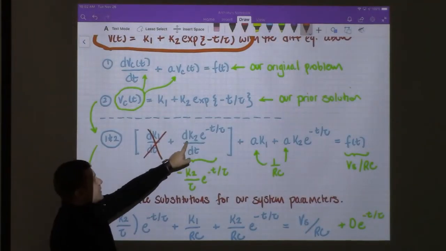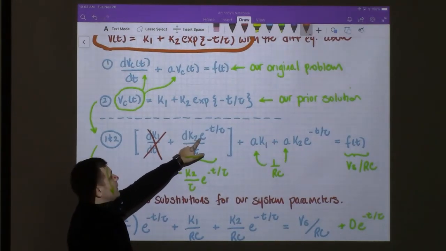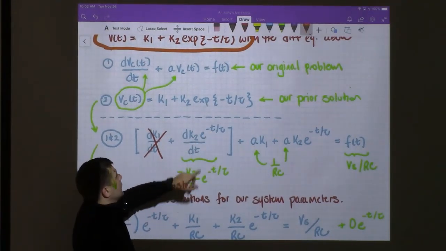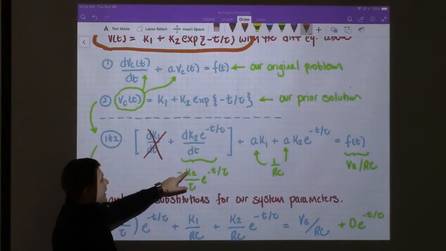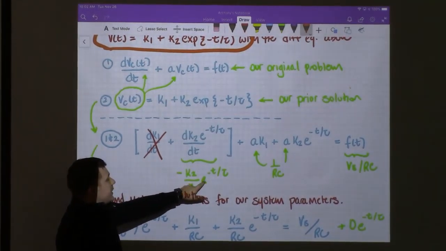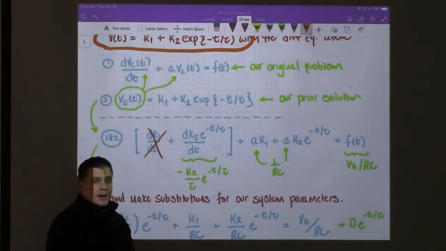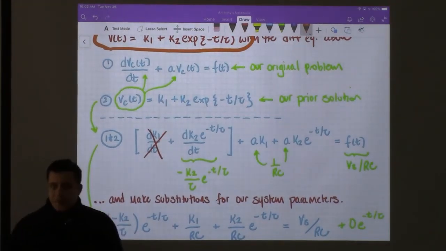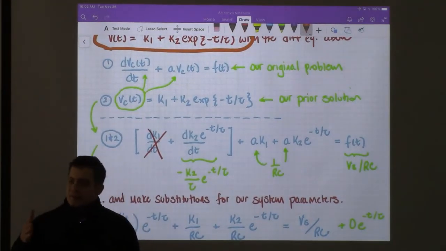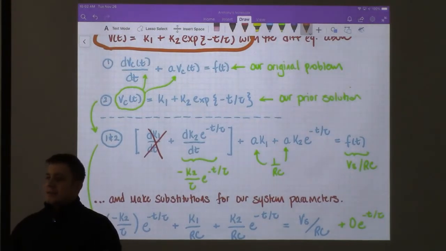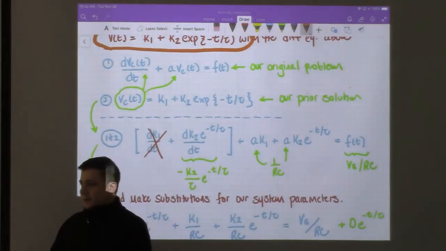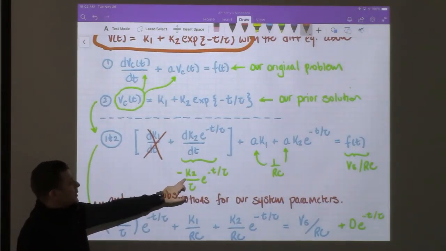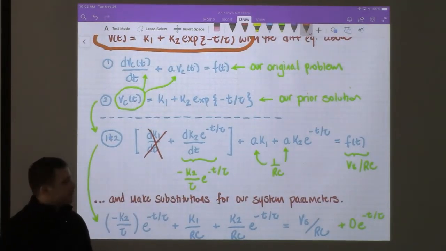Next, let's take the derivative of K2 e to the negative t over tau. That's this part. And what we end up with is negative K2 over tau e to the negative t over tau. The derivative of e to the alpha x is going to be equal to alpha e to the alpha x, so we're pulling out the coefficient of the t.